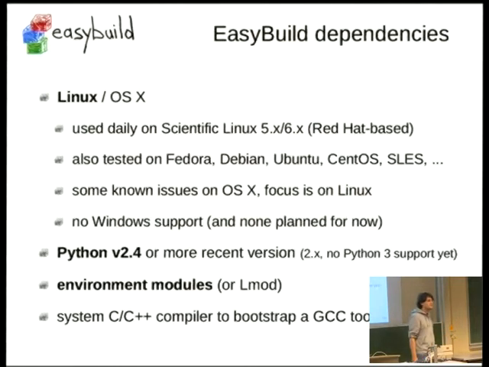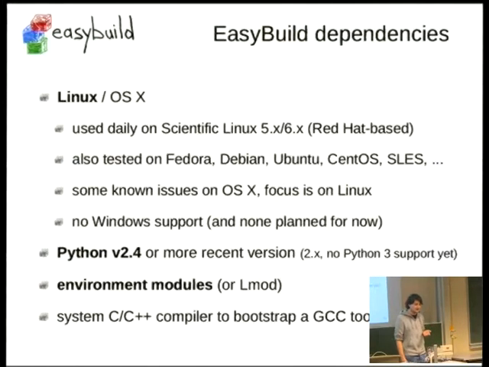Okay, maybe I convinced you, you want to use it. Well, what do you need? Linux. We test this on Fedora, Debian, CentOS, SLES. We also have a developer using it on a daily basis on OS X. We have no Windows support planned. This is because there's no environment modules for Windows, so you can't use it.